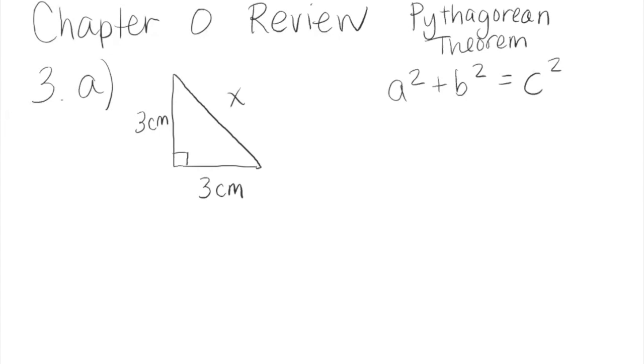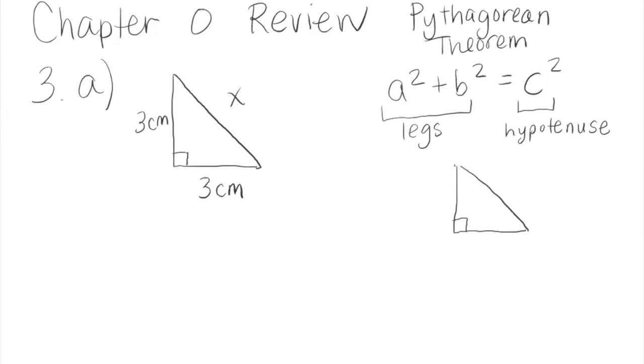So the biggest thing about the Pythagorean theorem is making sure that you plug the legs in their correct spot and the hypotenuse. The hypotenuse is always across from the 90-degree angle. So you look for the symbol, and whatever side's across from it is always C.